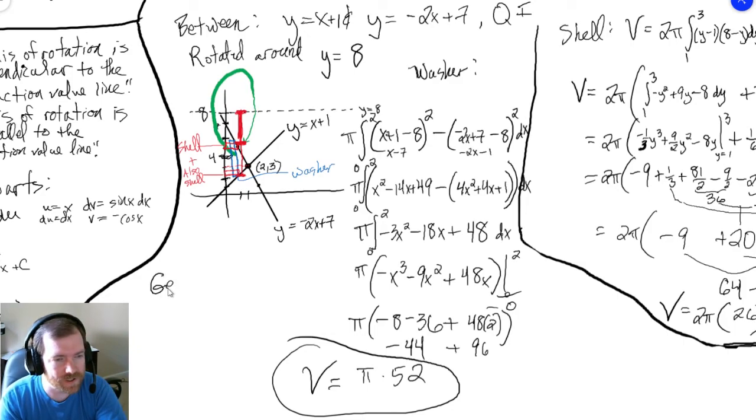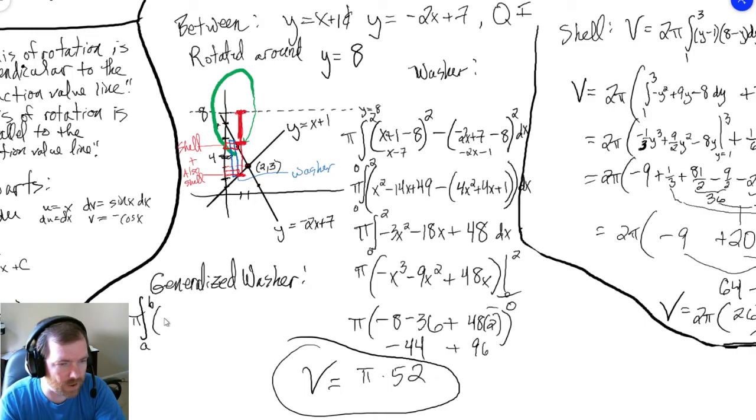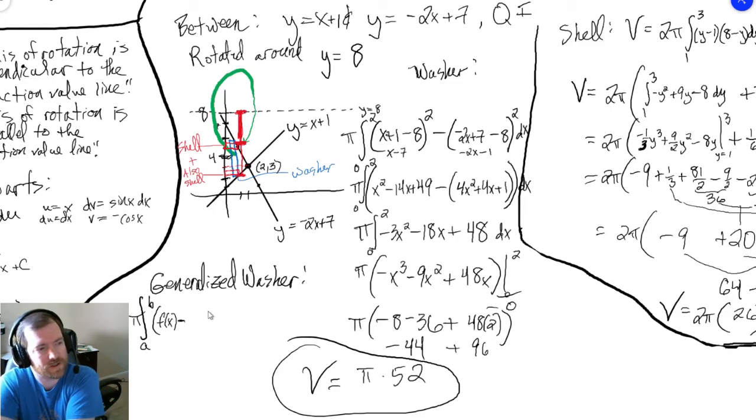So generalized. Washer is going to be pi times the integral from a to b, and then you're looking at f of x minus whatever your y value is that you're trying to get.